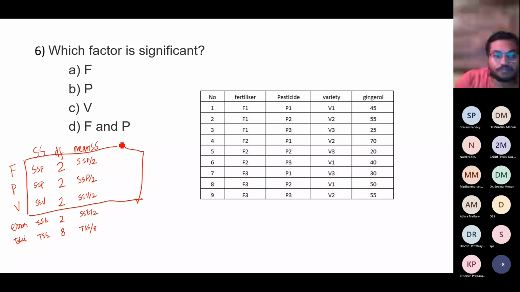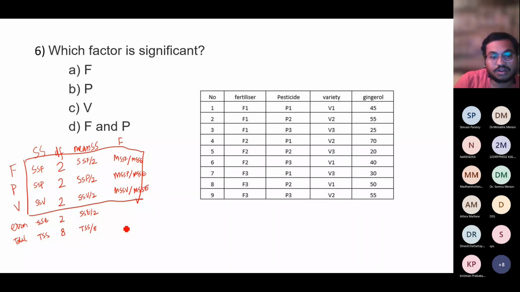Then from these, we'll calculate the F value. The F value is given by the mean sum of squares of the effect that we are considering divided by the mean sum of squares of the error. So it will be mean sum of squares of fertilizers divided by mean sum of squares of error, mean sum of squares of pesticide divided by mean sum of squares of error, and mean sum of squares of varieties divided by mean sum of squares of error.